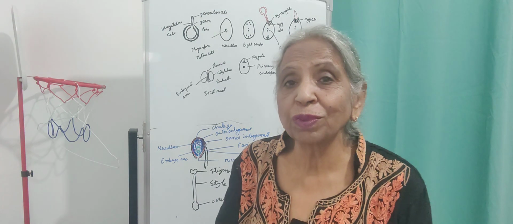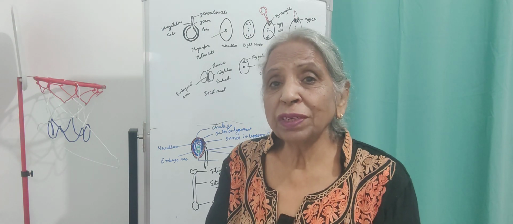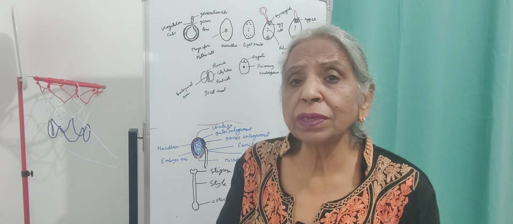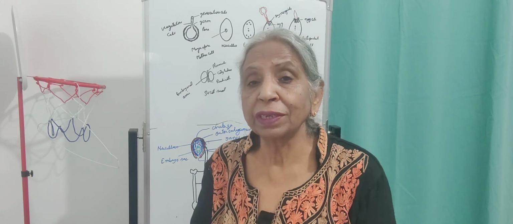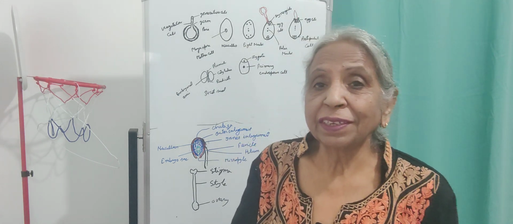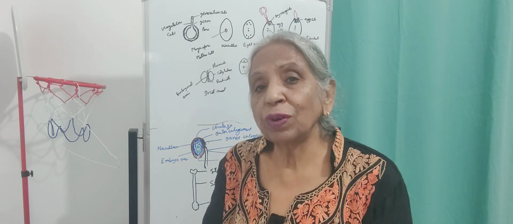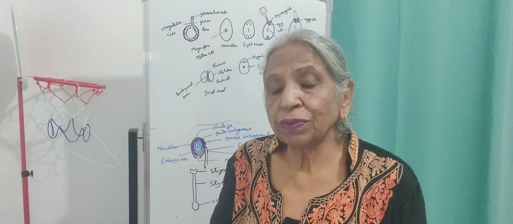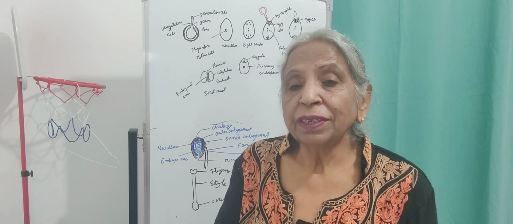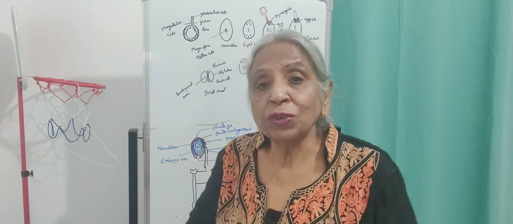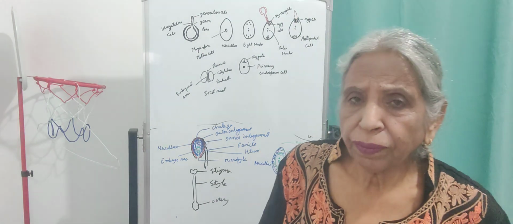Their fossils have also been found. In some cases, 10,000-year-old fossils of pollen grains have been found, and in other cases, 2,000-year-old fossils, and this is due to the sporopollenin.